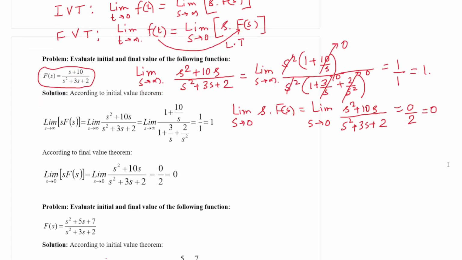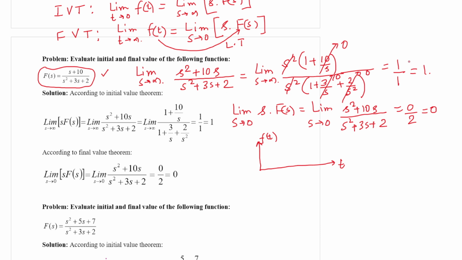So for the function (s plus 10) by (s square plus 3s plus 2), if we plot this function in its time domain, x-axis t and y-axis f(t), what does it mean?